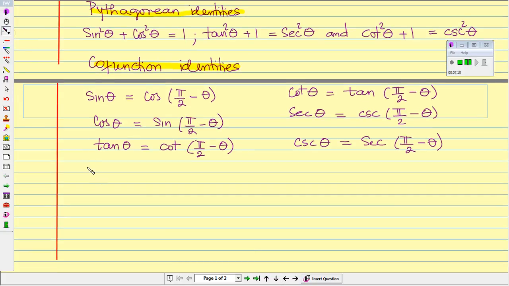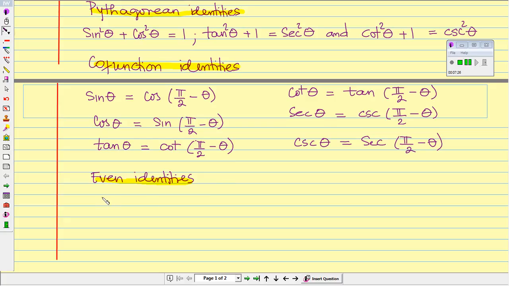The next identity is the even identity. If you remember, we talked about even and odd functions.